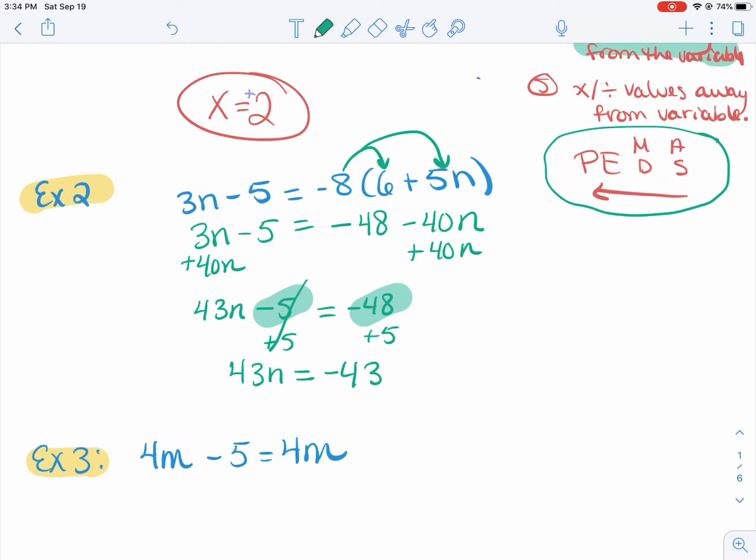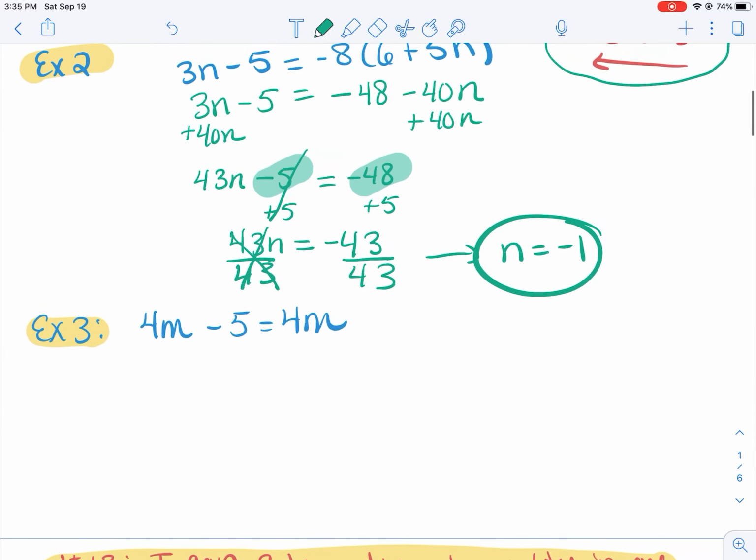The last step is to multiply or divide numbers away from the variable. So I'm going to go ahead and do that. Divide by 43 on both sides. That tells me n is equal to negative 1. If you wanted to substitute negative 1 back into your equation, make sure that you are getting the correct answer.